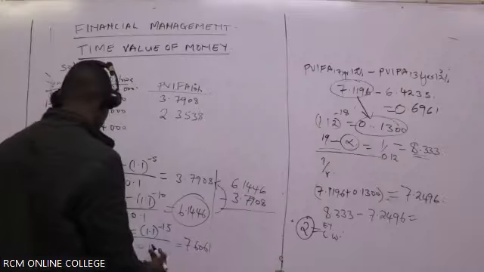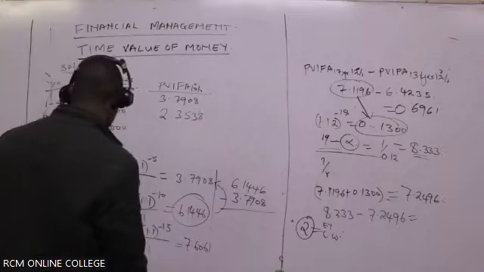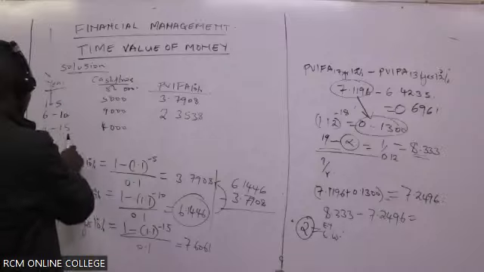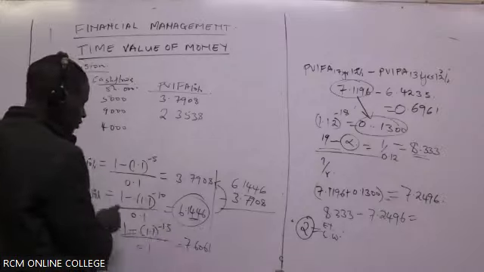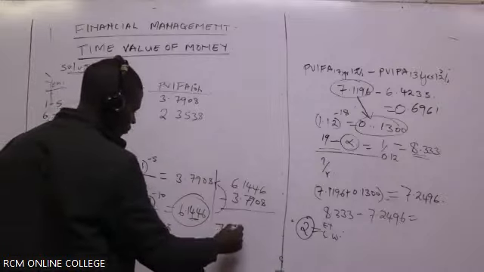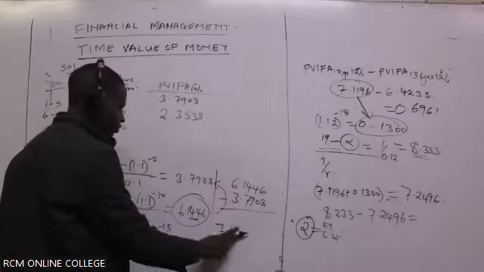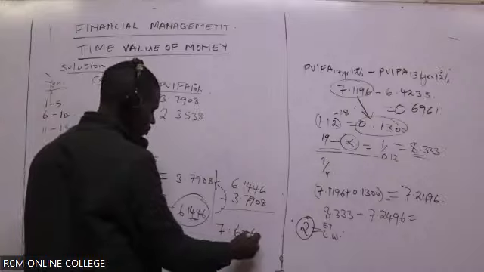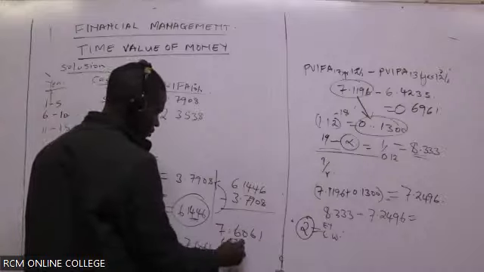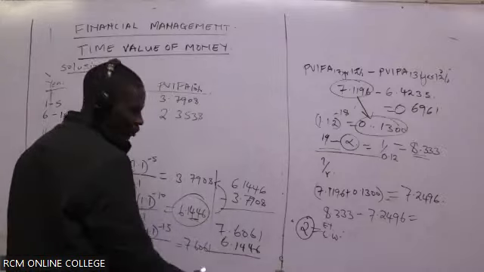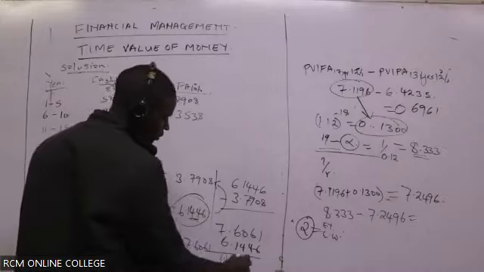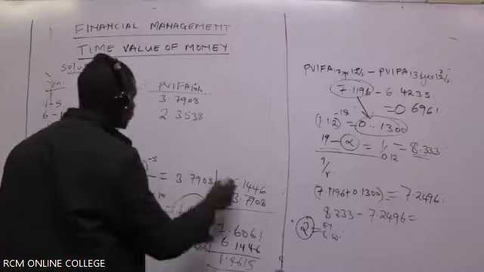I want 11 to 15, so I subtract the one for 10 years. So it will be 7.61 minus 6.1446. What does that give me? 1.46.